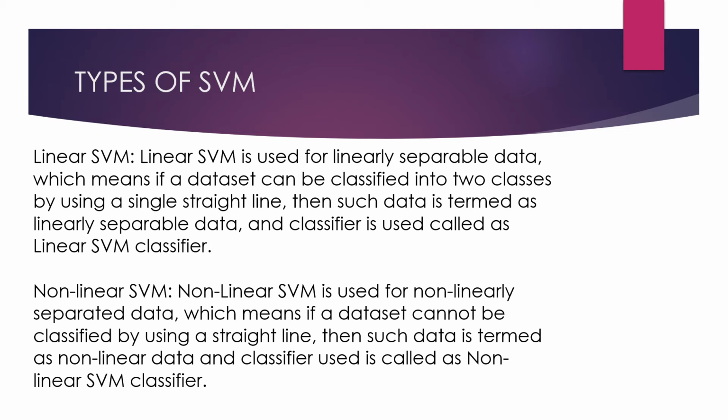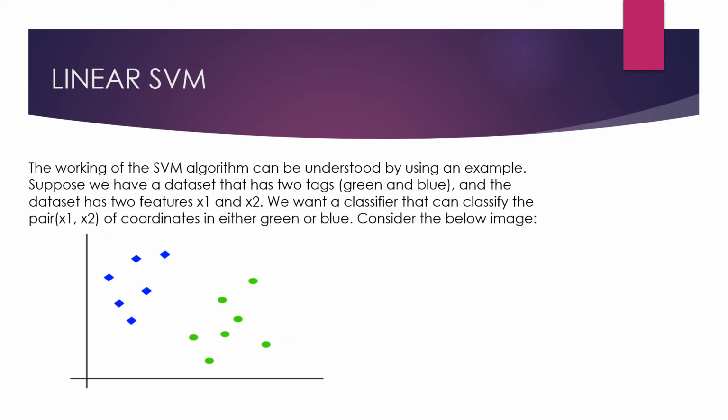Non-linear SVM is used for non-linearly separable data, which means if a data set cannot be classified by using a straight line, then such data is termed non-linear data, and the classifier used is called a non-linear SVM classifier.